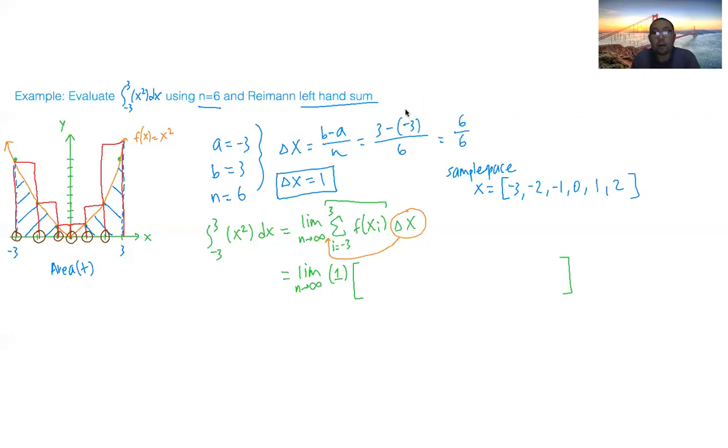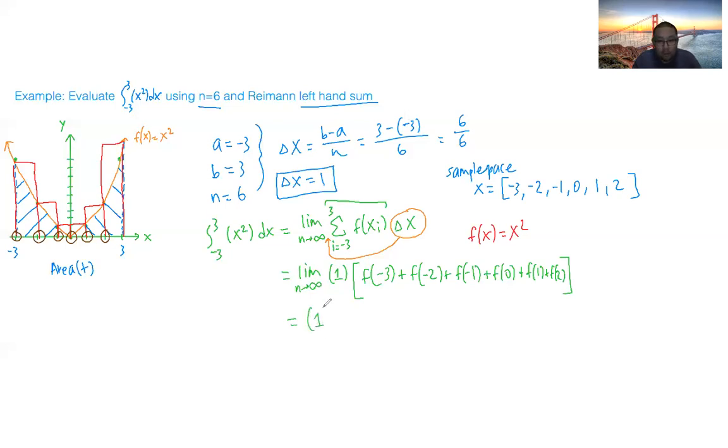Now you can evaluate your function, which is x squared in this case, at -3, add that to your function evaluated at -2, plus the function evaluated at -1, plus at 0, at 1, and at 2. The function you're evaluating is x squared.